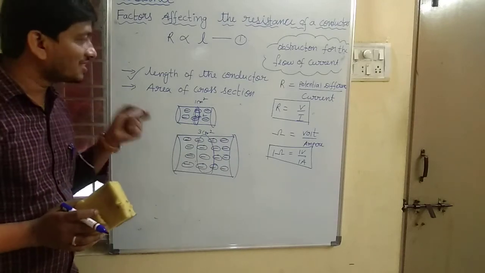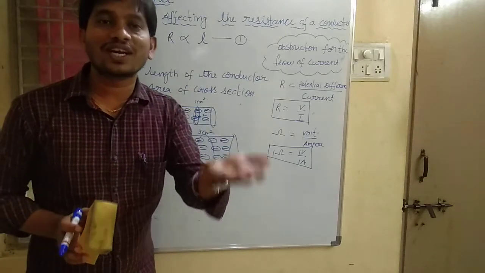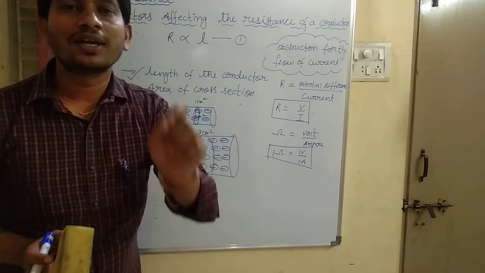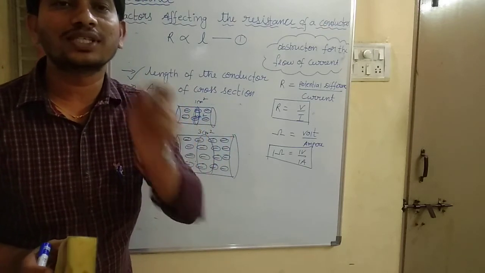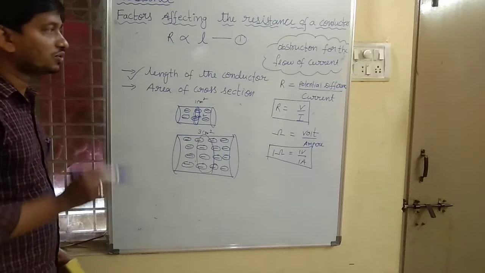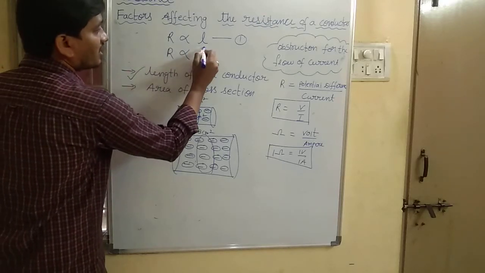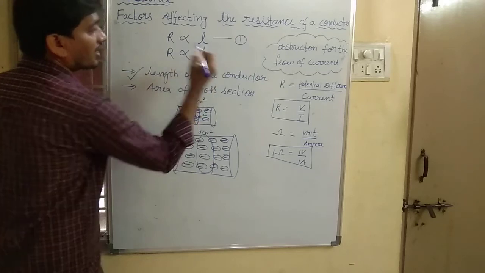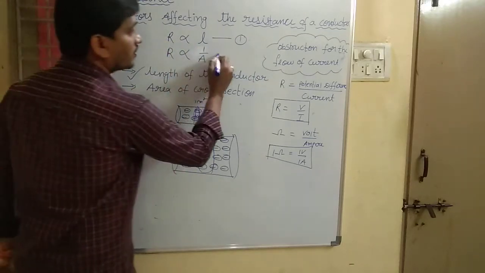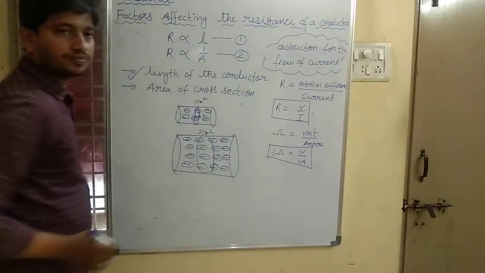I mean, resistance and area of cross section are inversely proportional to each other. So, which is our equation number 2.